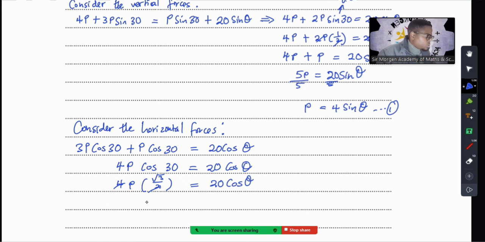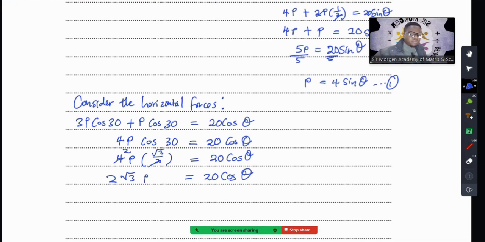Right, this cancels out, so I have 2 root 3p equal to 20 cos theta there. Then we can divide both sides probably by 20, 2 root 3, right?